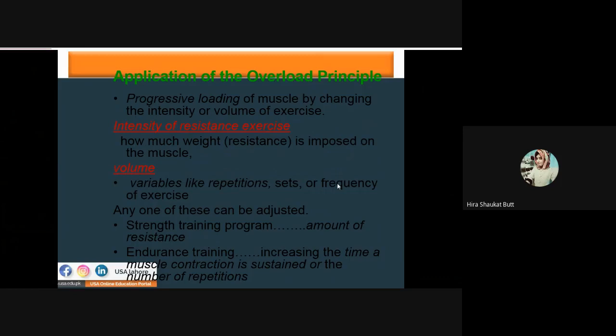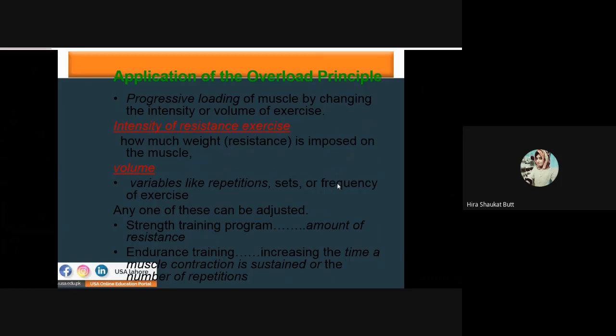Then you will go for 3 pounds, then 4 pounds, 6 pounds, and so on. Always go for slightly increasing intensity so that there are adaptive changes. And if the muscle has adapted, then the level of muscle performance can be maintained.